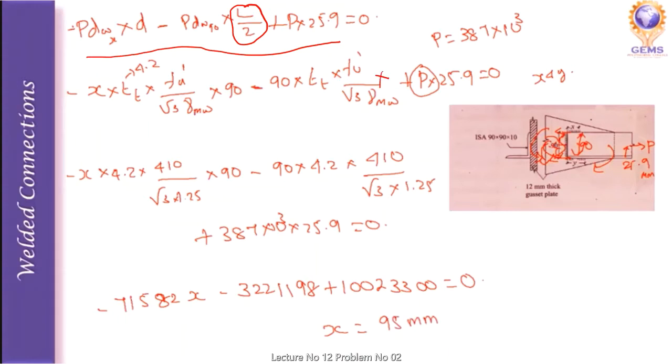So it will be 90 by 2, which means it is 45. The rest is the same, the calculation values and everything are correct, but I missed this 90 by 2 value, so make note of it.